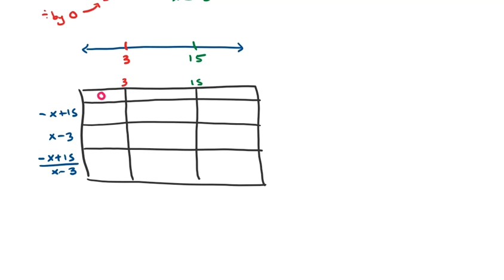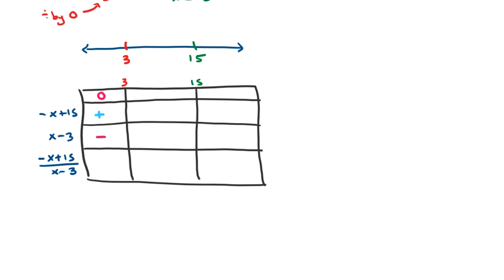And let's see what happens when we plug 0 into negative x plus 15. If you plug 0 into negative x plus 15, you get 15, which is a positive value. However, if you plug 0 into x minus 3, you get a negative value.